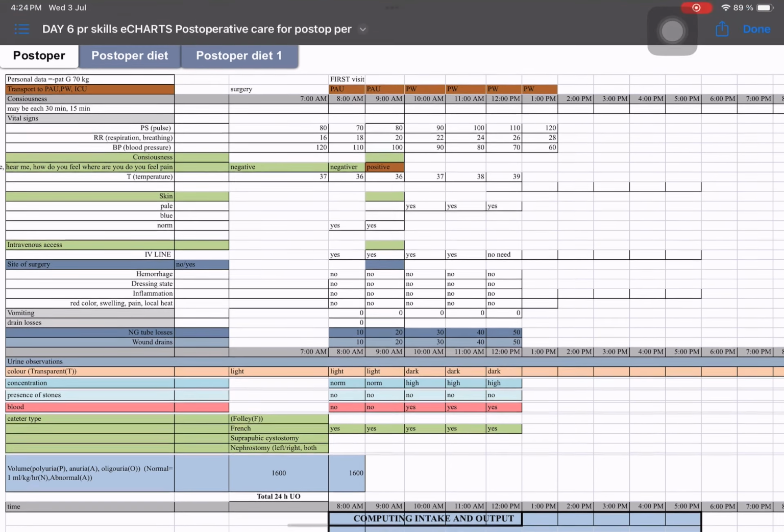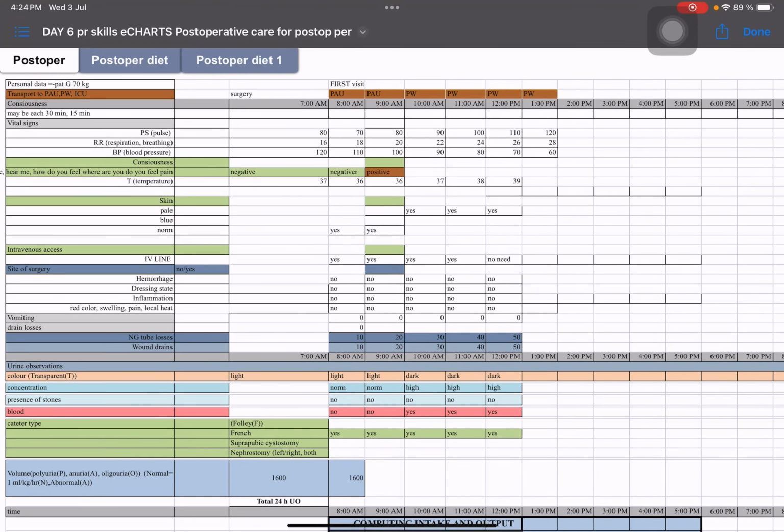So just suppose a patient is unconscious the first time, and then has a pulse of 80, respiration 16, and blood pressure 120 in the first hour.